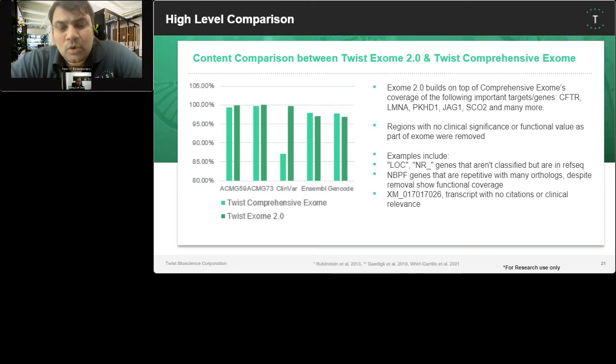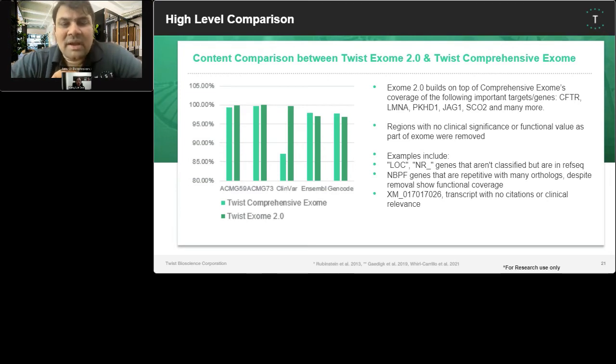Most of the target genes and targets covered in both exomes are almost the same, but we have added more clinically relevant regions from these particular genes. We added more exons and gave better coverage to promoter regions like TERT, which are known to be difficult regions to get covered.